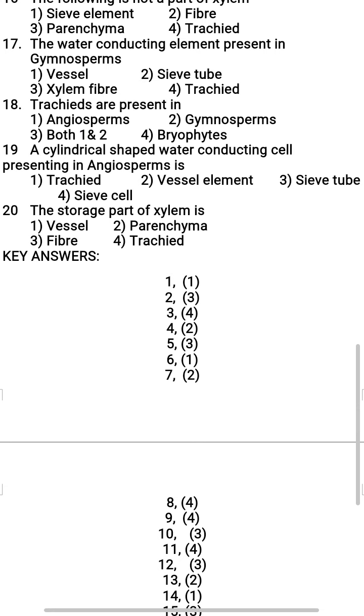In the final NEET examination, they may ask this part, an important standardized part. Let's have a look at the options once again. 1 vessels, 2 sieve tube, 3 xylem fiber, 4th one trachea. The correct answer is none other than trachea. The water conducting element present in gymnosperms is trachea.